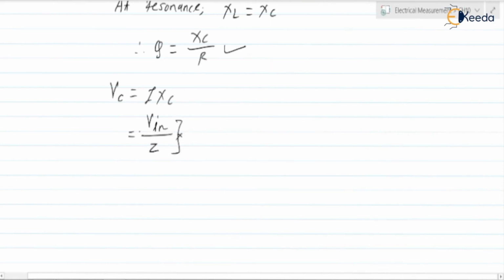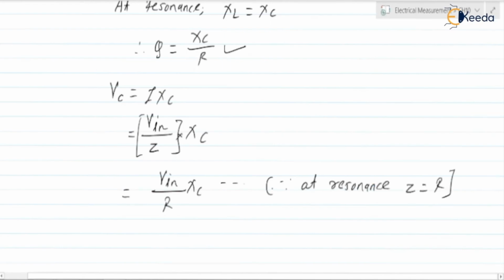So VC is equal to Vin divided by R into XC, because at resonance impedance is only resistance.